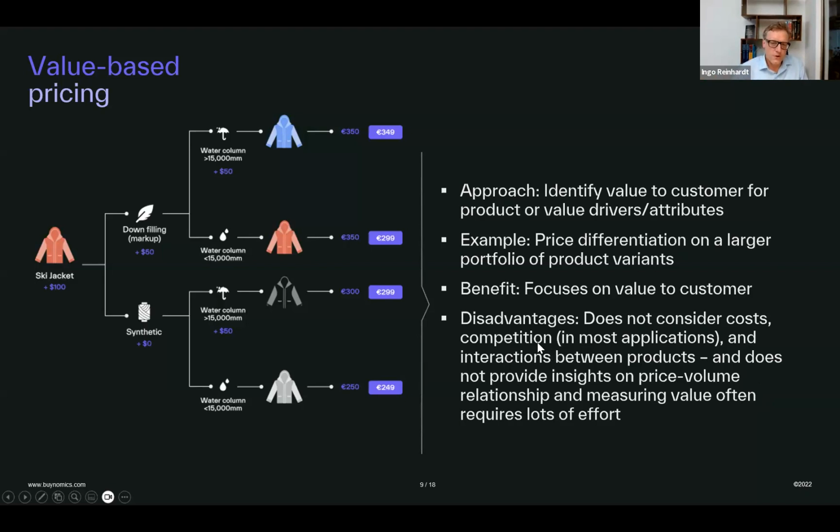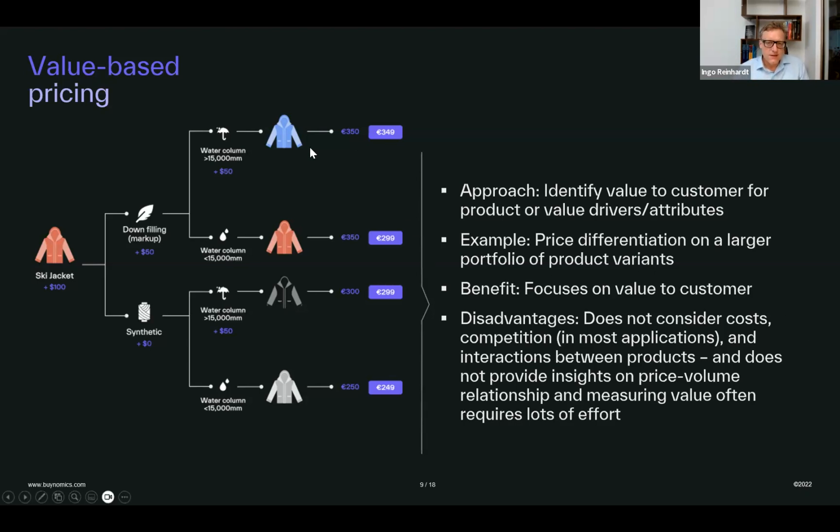You can incorporate competition by starting with a competitor price, but then you look not at what something is worth to the customer, but more at how much it values something differently compared to the competitor. And I think often a very important disadvantage of value-based pricing is that by building a price structure like this, it ignores the dynamics between different products, so the trade-offs.